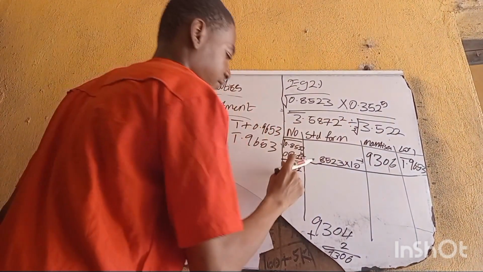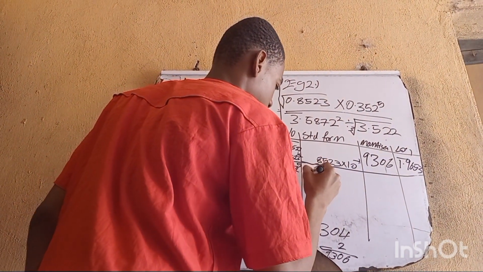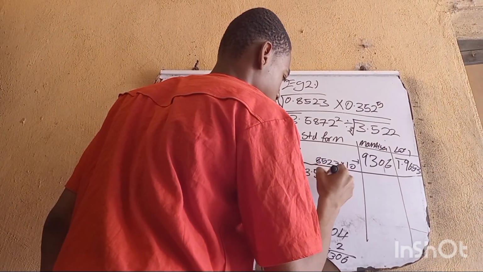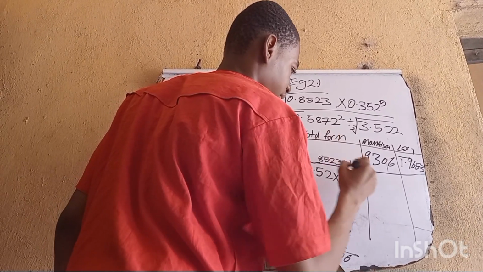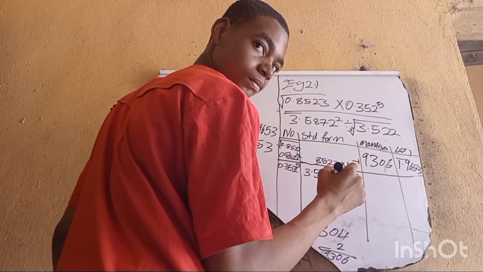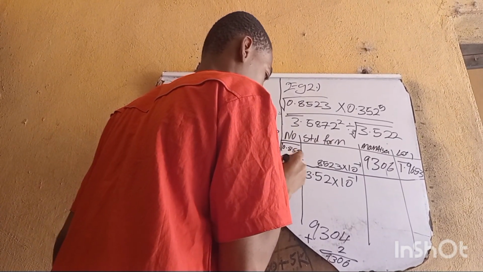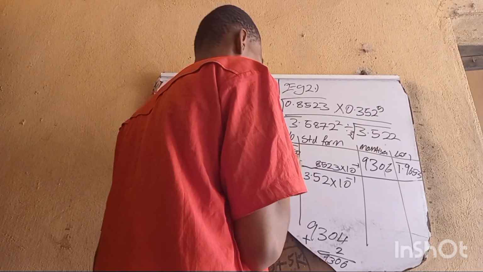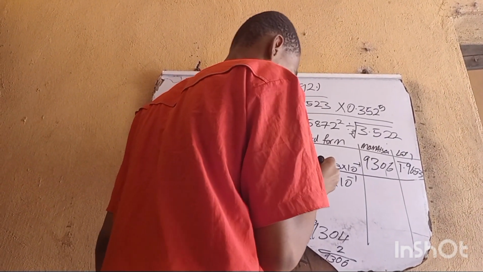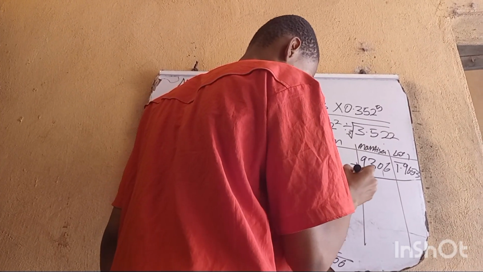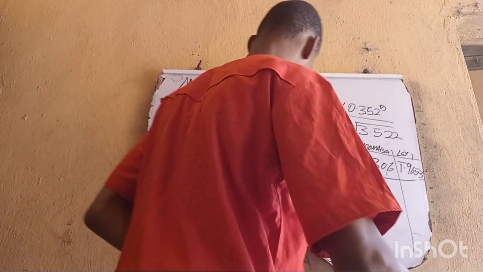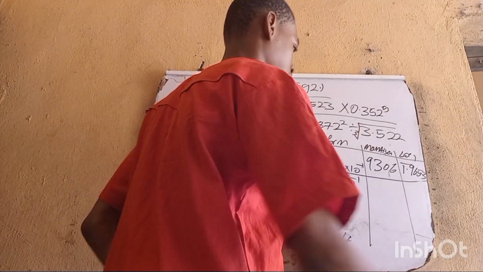The standard form of this number is 3.52 times 10 raised to the power of minus 1. If it was 0.0352, it would be 3.52 times 10 to the power minus 2. But it's not that way.